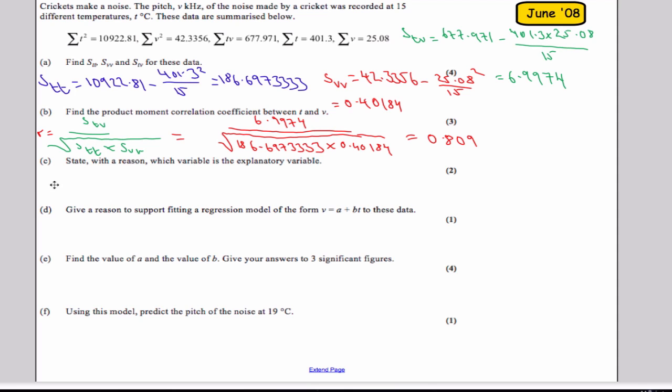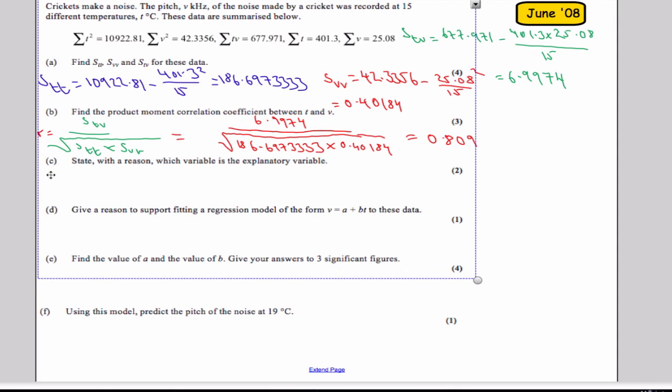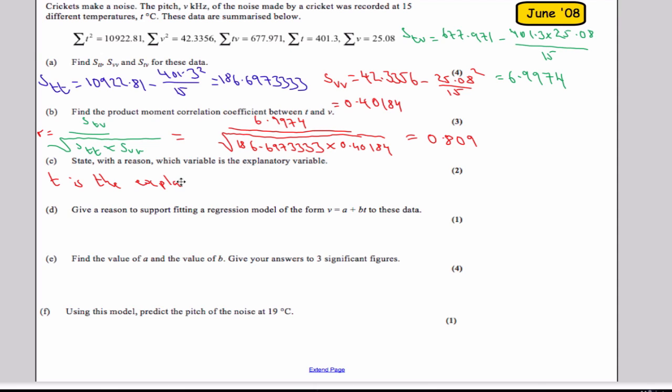So T is the explanatory variable, as it is independent and V depends on T. And in general, the explanatory variable is whichever variable is in place of x, because we're used to y equals a plus bx. Whichever one is in place of x is your explanatory variable.